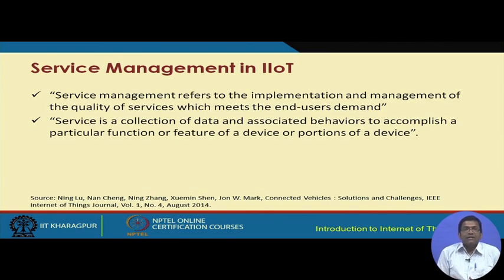Now, service management in IIoT is very important. It is all about why we want IIoT: we want to offer improved services. So, service management refers to the implementation and management of the quality of service which meets the end user demand, and improving the overall quality of service.